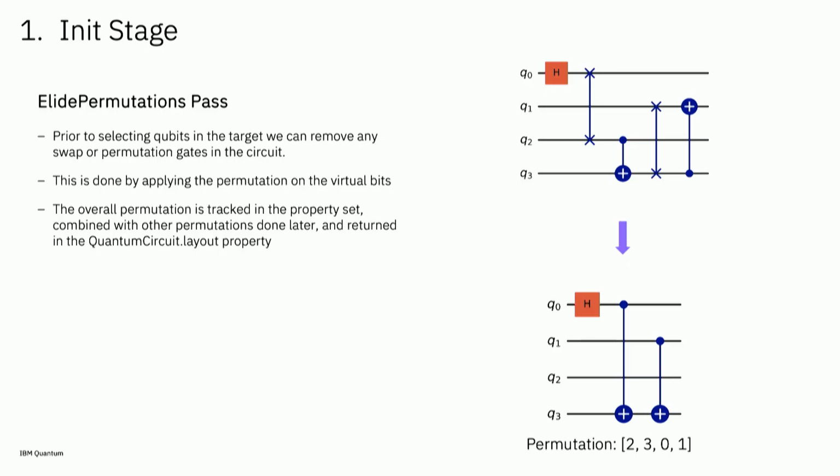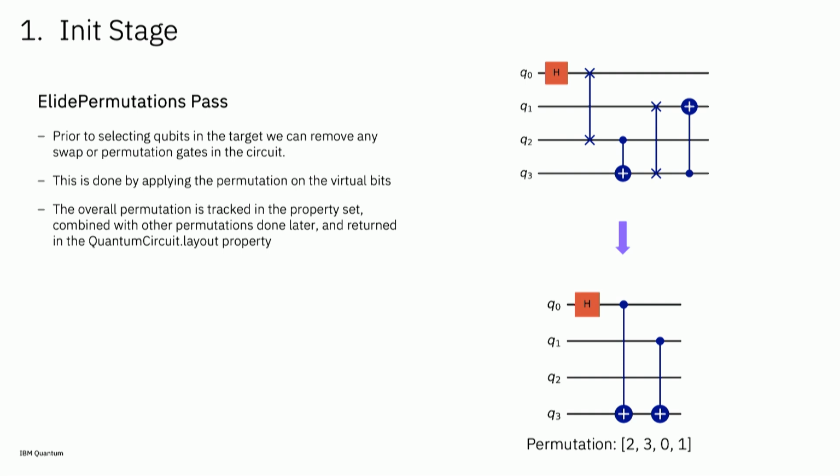And the other pass we run in the init stage that I thought warranted an example, all of those other ones are pretty self-explanatory, but this one I thought is useful to explain, is the elide permutations pass. So in the init stage, we haven't picked physical qubits yet.